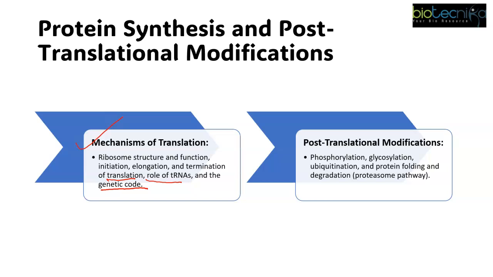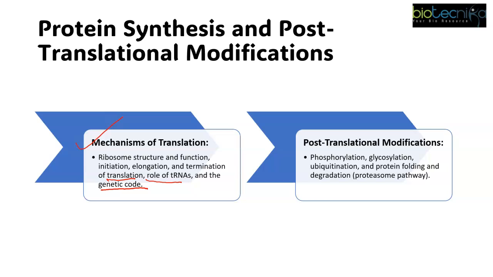And also the various post-translational modifications, because when translation is done, it just produces a string of amino acids, but that string of amino acids has to be molded into different forms to form a protein that is functional.